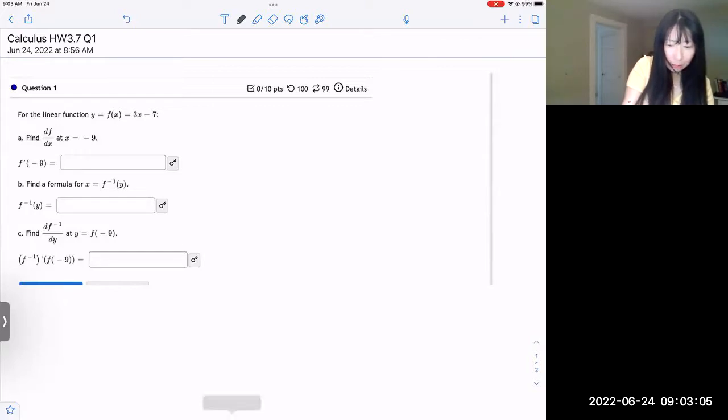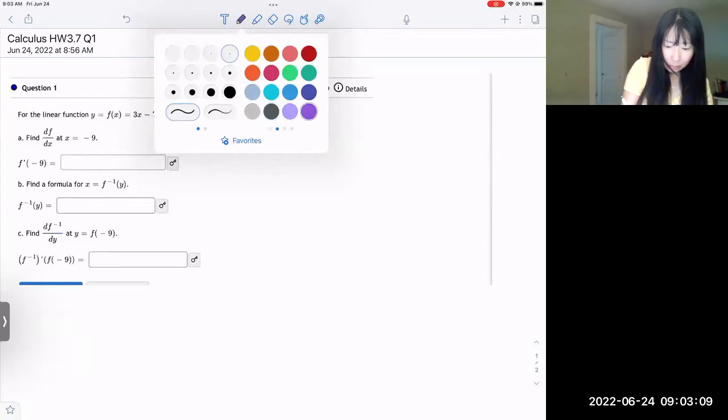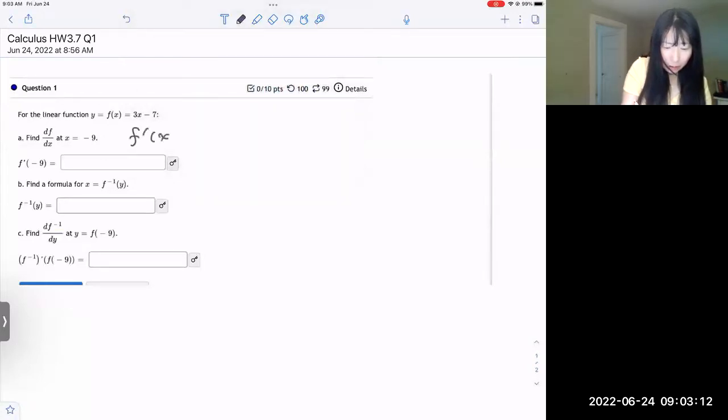The derivative of this is 3, right? Now, we want to substitute x equal to -9, but there is no x here, so we cannot substitute into x. So we just keep this constant. So it will be 3.